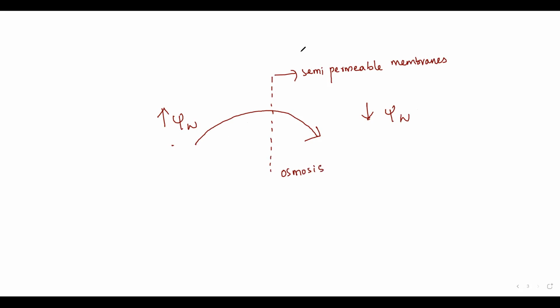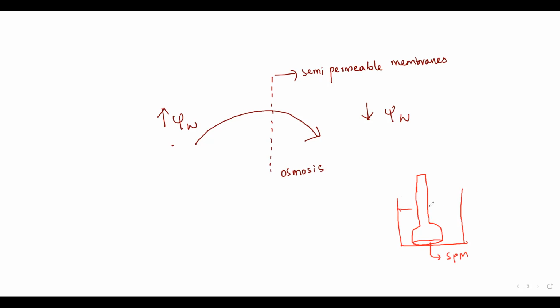If you remember, children, in your schools or colleges, you have learned about the potato osmoscope experiment and the thistle funnel experiment. Let me take the thistle funnel experiment. This is your thistle funnel, tied up with an egg membrane here, which acts like a semi-permeable membrane.